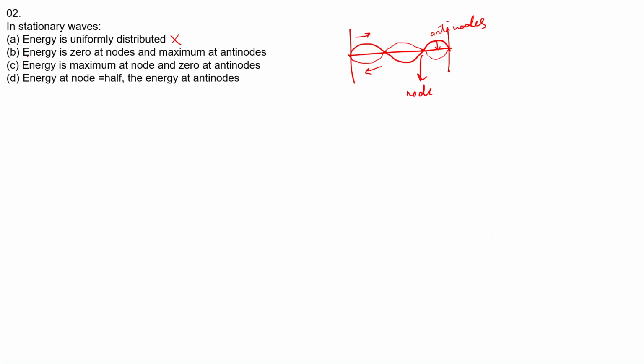So energy is zero at node: yes, the displacement is zero, which means the energy is zero here, and energy is maximum at antinode, where the displacement is maximum. So this is the correct statement about the energy in a stationary wave. Energy is maximum at node? No, energy is actually zero at node. These are also not correct statements. The only correct statement is B. B is the correct answer.